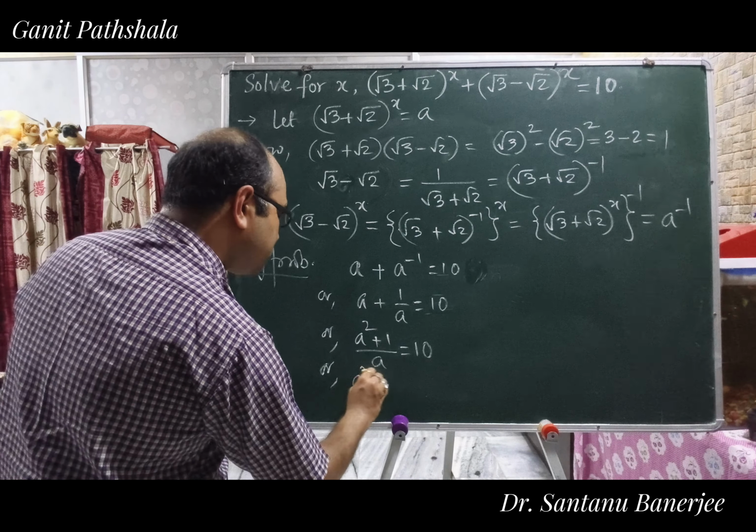Or a equals 10 plus minus square root of 100 minus 4, that is 96, divided by 2. So what is the square root of 96?